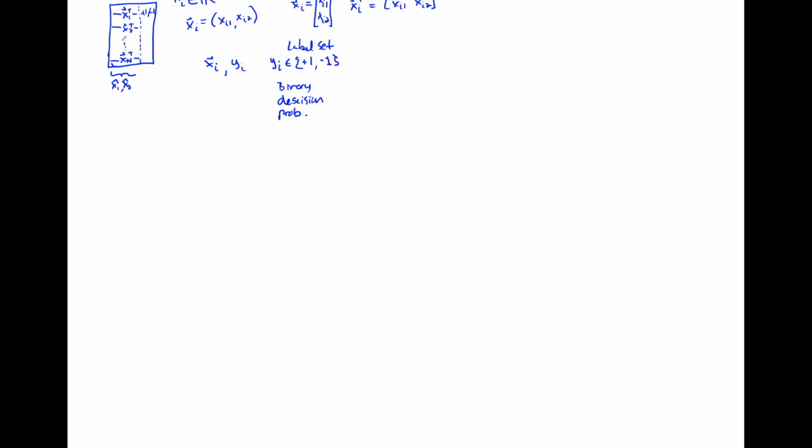And so for the ith vector, xi transpose, we're going to have the corresponding yi, which is +1 or -1, corresponding to the ground truth label assigned by the unknown target function, the ground truth label for that ith input vector.